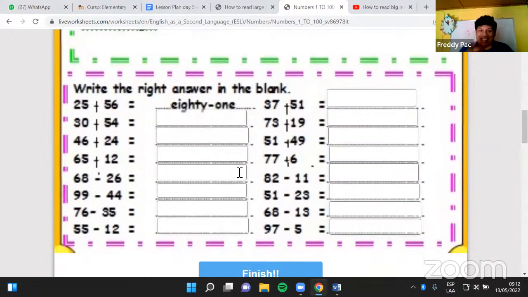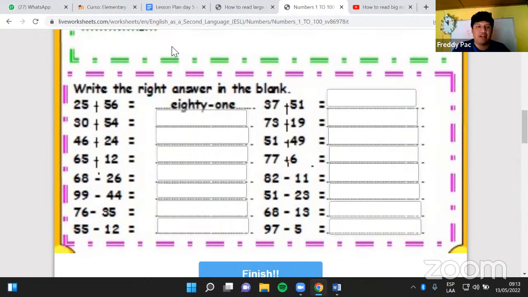Now, in this, guys, you have to use your maths. This is an addition in English. The symbol is plus, okay? So 25 plus 56, and this is equals. This symbol, I will write it down, don't worry.